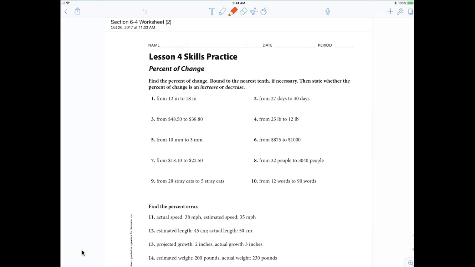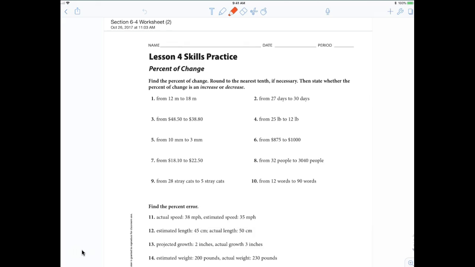So now, for this worksheet, it's probably, seriously, the easiest thing we're going to do, because it's just a formula. And the formula is the change divided by the original amount. The formula for percent of change, we say, is the change divided by the original amount.